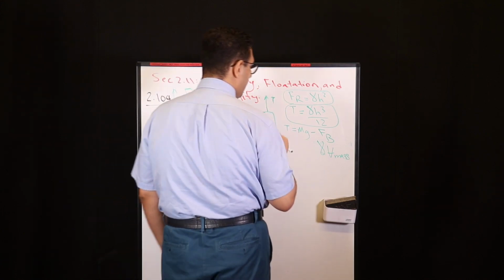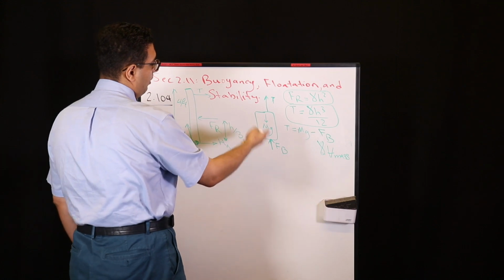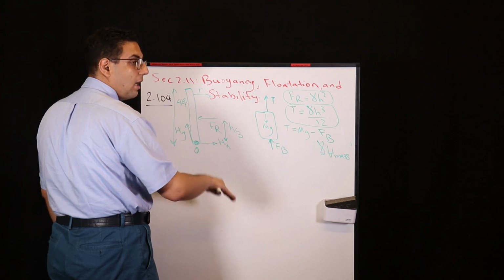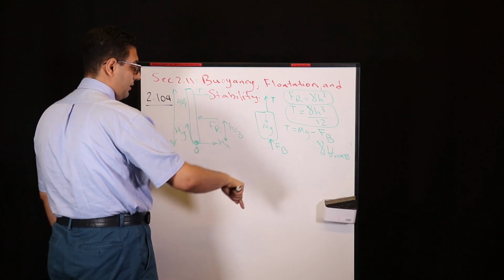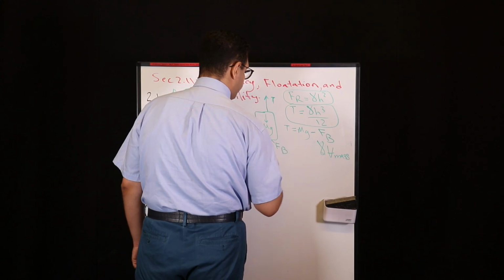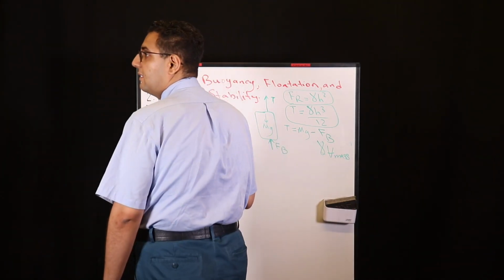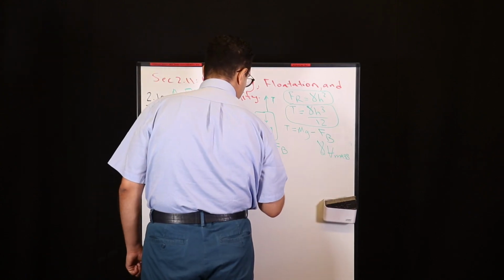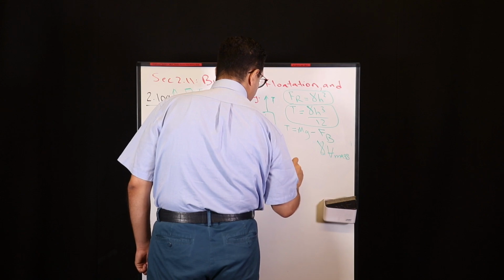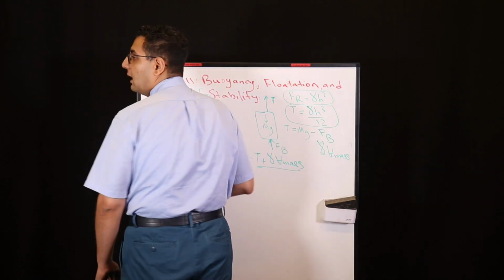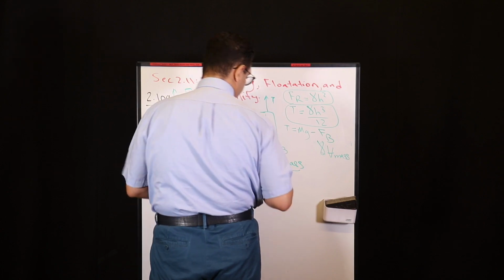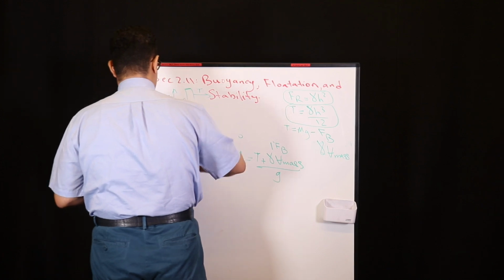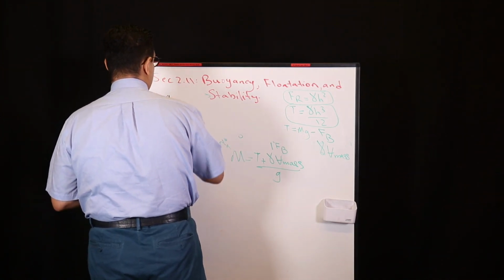Since, as I told you in the instructional session, the buoyancy force is the force from the fluid in the opposite direction of the force the device exerts on the fluid. So this means that m is equal to T plus gamma V of mass divided by g. So the question is totally answered. We just need to substitute.